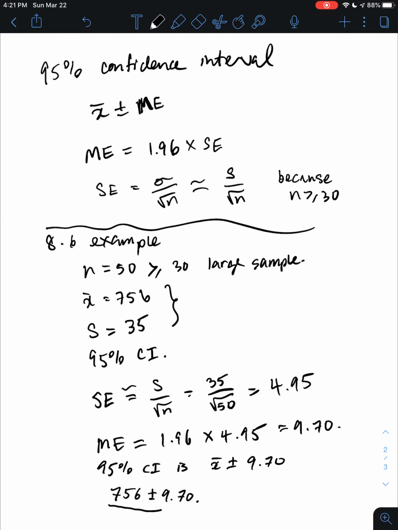That's two numbers. Plus or minus doesn't mean a choice, it means do them both. The interval is going to look like 756 minus 9.7 at the low end, and 756 plus 9.7 at the high end. That's going to give me an interval. So let's do the calculation here.